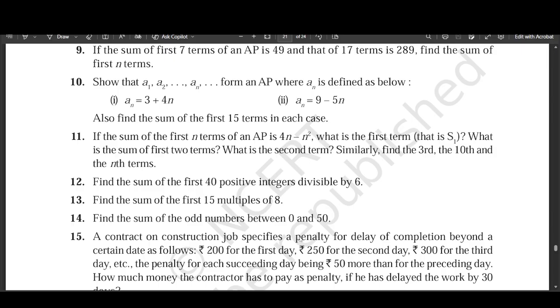So we have to find the sum of the first 40 integers which are divisible by 6. The first one divisible by 6 will be 6. What will be the second? 12. What will be the third? 18. Up to which term do we have to find? Up to the 40th term. So this is equal to up to the 40th term.